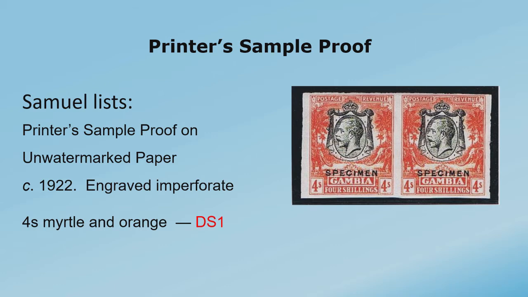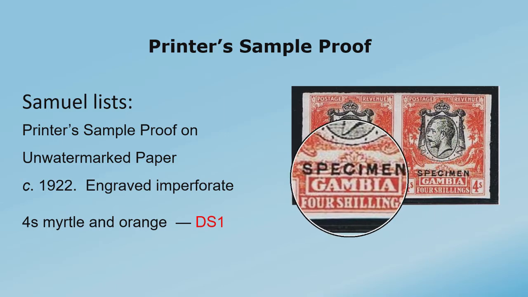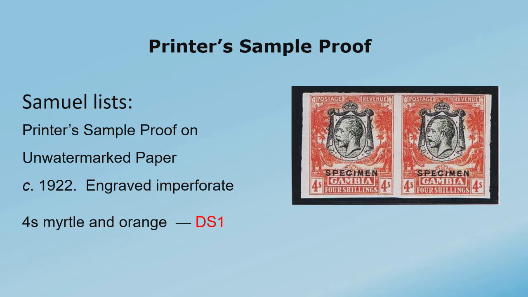It's on unwatermarked paper in contrast to the issued stamp, which was on watermark. So this is the 4-shilling myrtle and orange. The DS1 is the Samuel designation of that particular specimen overprint mark.